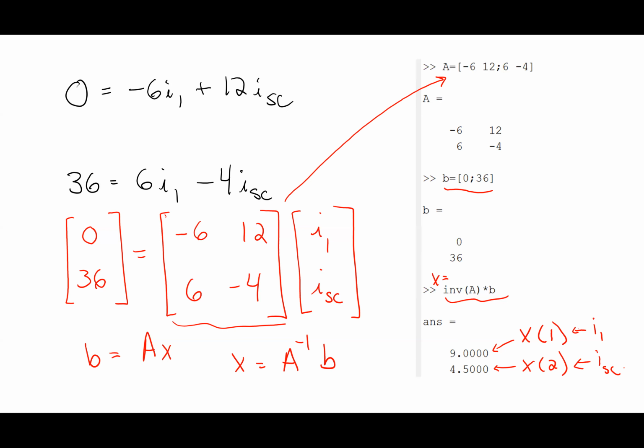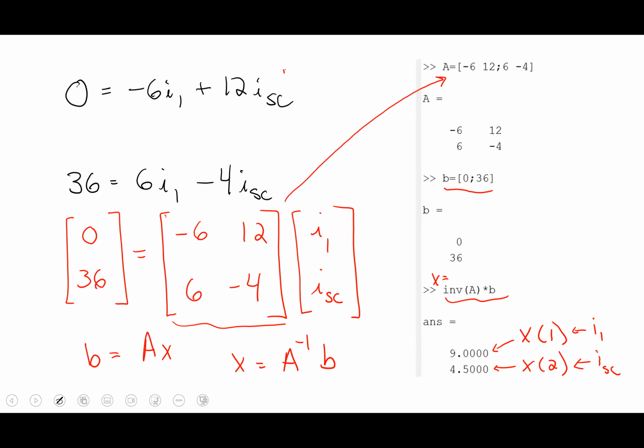All right, we just did a lot of work. What the heck were we doing it for? Trying to find R Thevenin, right? To find R Thevenin, we had to find I short circuit, which we just did. I short circuit is 4.5 amps. So my R Thevenin is VOC divided by I short circuit.